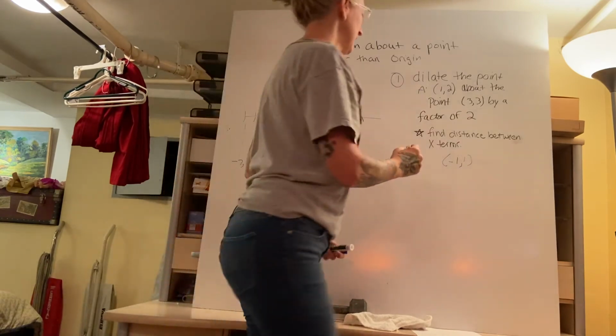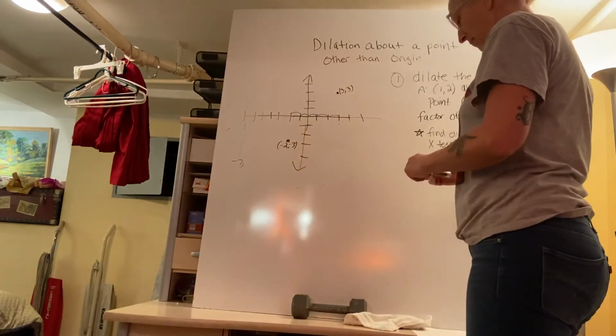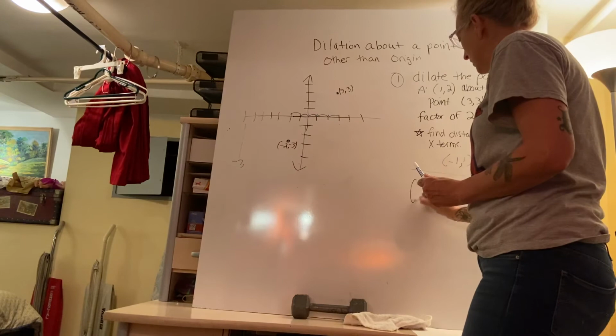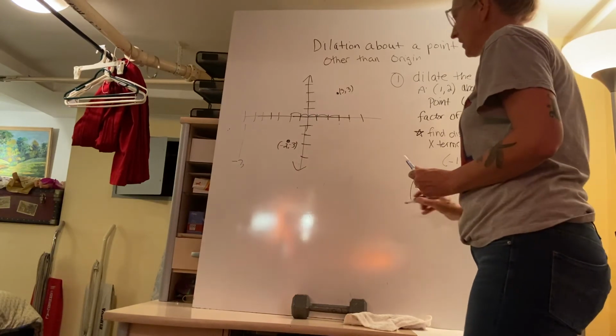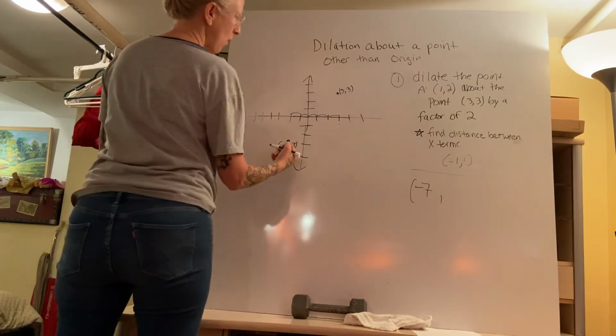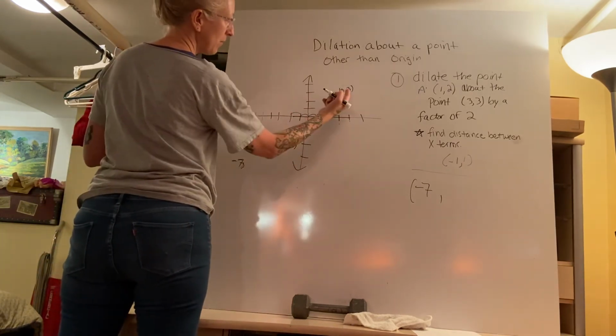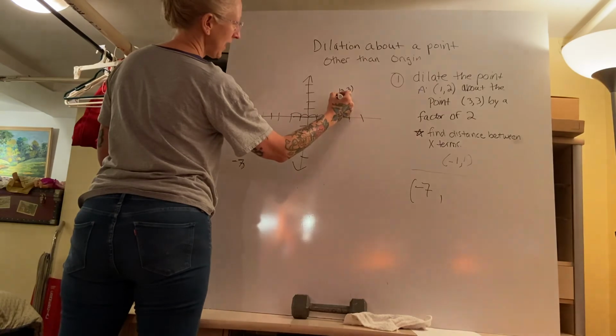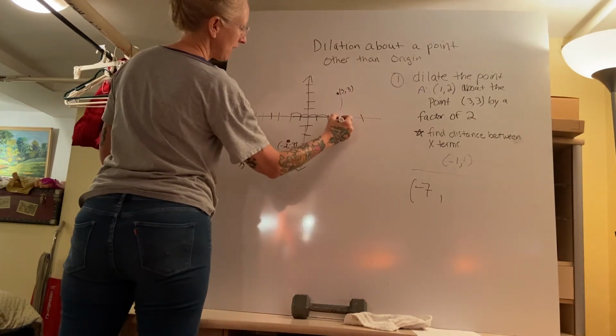I hope you can see that. So for our second example, the new x term is -7. And then our y differences, from -3 to +3. If I'm at +3, I have to go down 3, and then I have to go down 3 more.